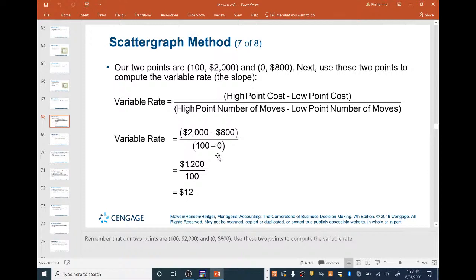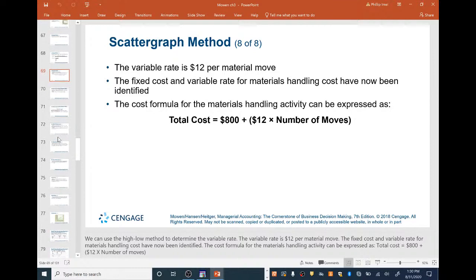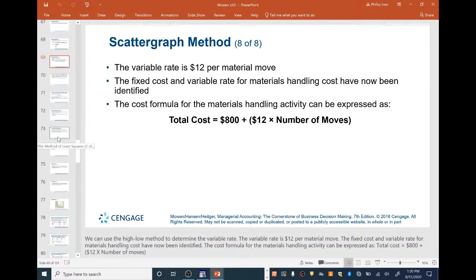So we do the math here, that'll leave the numerator of 1200, the denominator of 100, and that's going to yield $12 for the variable rate, okay? So $12 is our variable rate. That's going to be our slope, okay? The variable rate is $12 per material move. The fixed cost and variable rate for materials handling cost have now been identified, right?